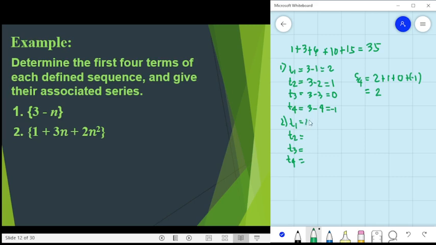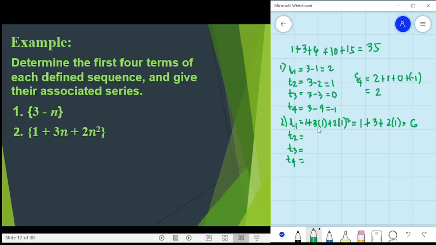So we have 1 plus 3 times 1 plus 2 times 1 squared. Therefore, it is 1 plus 3 times 1 is 3, plus 2 times 1 is 2, so 2 plus 3 is 5, plus 1 is 6.